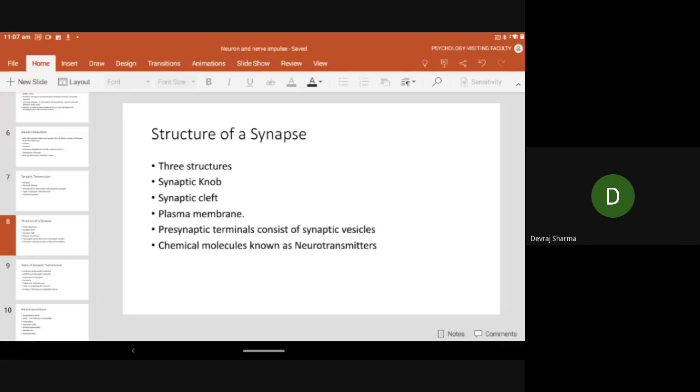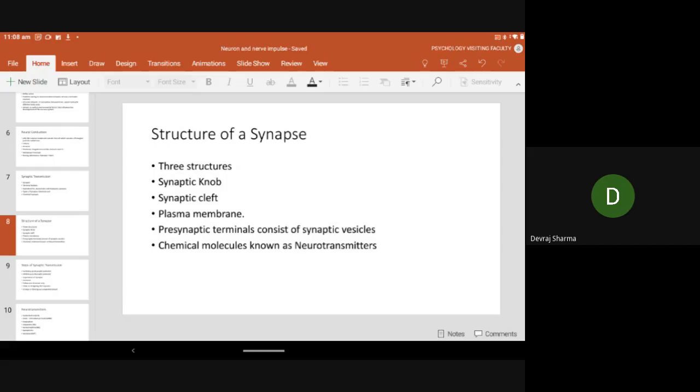So, how many structures are there in a synapse? Mainly three, right? The synaptic node, the synaptic cleft, and the plasma membrane of the postsynaptic neuron. Now, your question is what are synaptic vesicles, right?